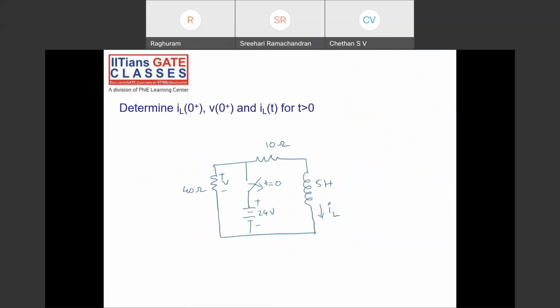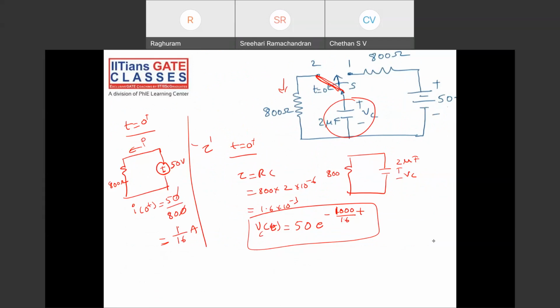Do this similar one. Before the switch was moved to position 2, it was in steady state, so the capacitor acts as an open circuit, and since there is only one resistance, the capacitor will get fully charged to 50 volts.